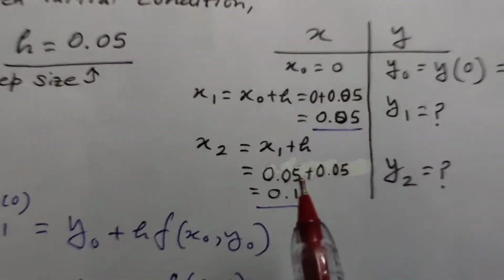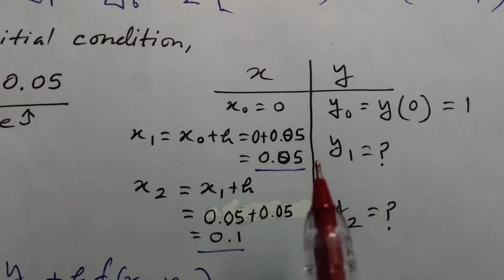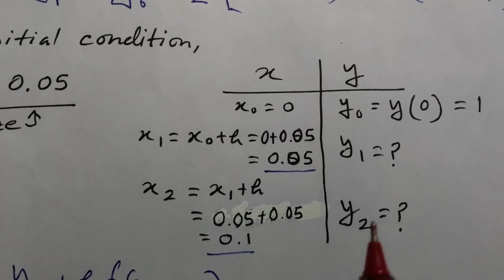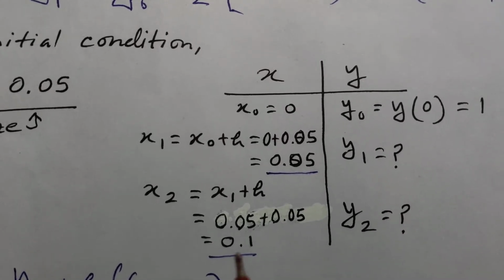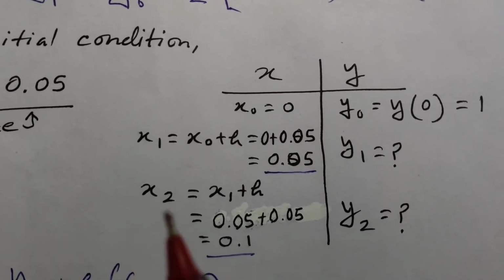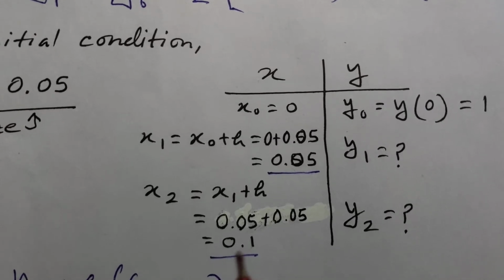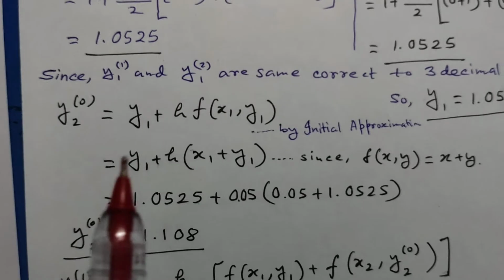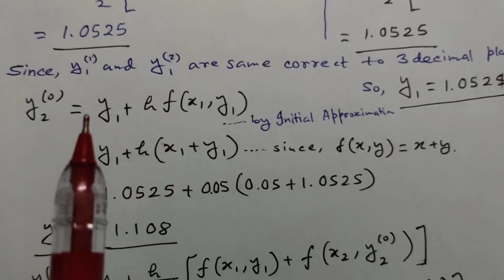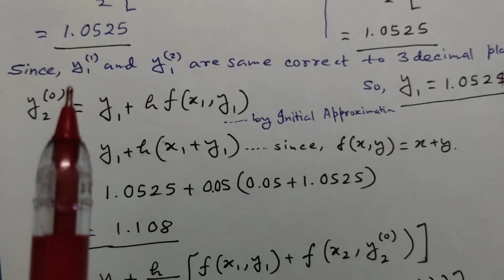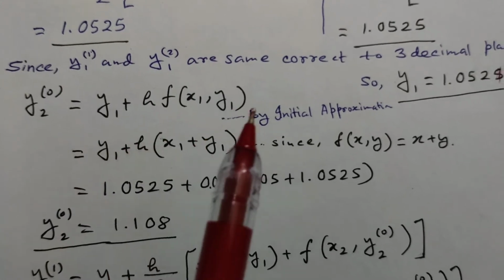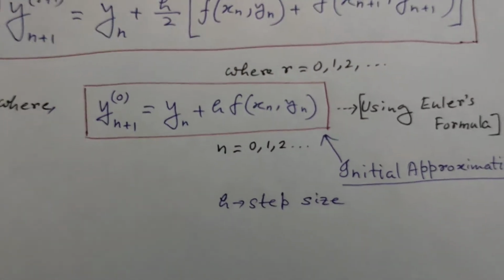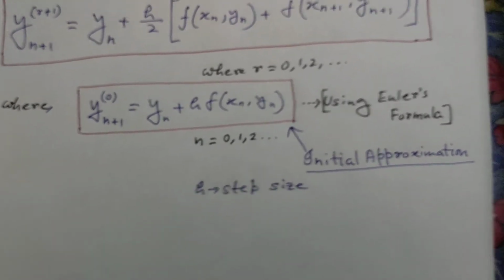Because for x1 we get y1, for x2 we get y2, as we have to calculate the value of y at x equals 0.1, right? So by the initial approximation, y20 equals y1 plus h f(x1, y1). This is the initial approximation formula, right?